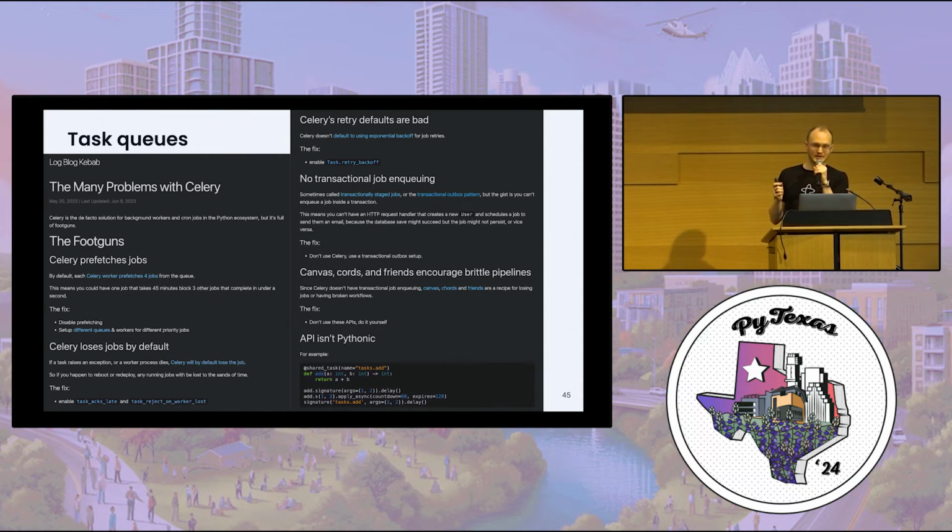No transactional job enqueuing. So talking about the transactional outbox pattern, the author says don't use Celery if you need this, because you can't. You don't need it with durable code. Canvas, chords, and friends encourage brittle pipelines. So if you have some pipeline of multiple jobs that you need to happen together, like in a chain, the author says it's a recipe for losing jobs or having broken workflows, because Celery doesn't have transactional job enqueuing.